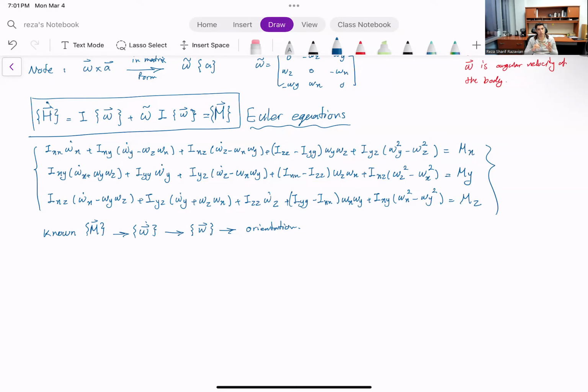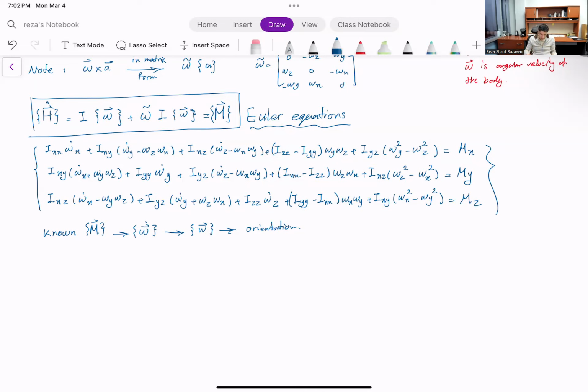As we'll see in the next video, it is possible to have no acceleration, no omega dots, while still having some moments. That is because of the couplings that exist between different axes of angular velocity.